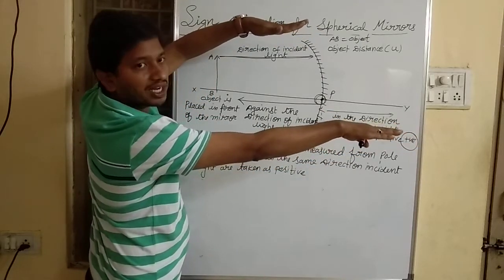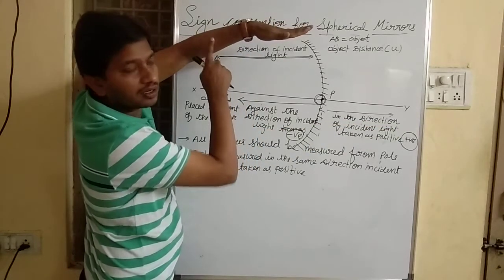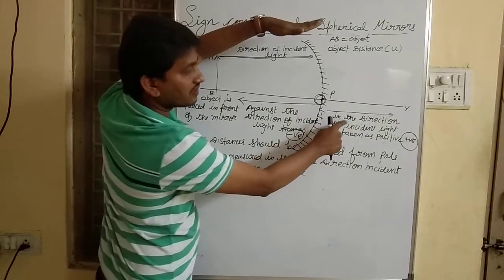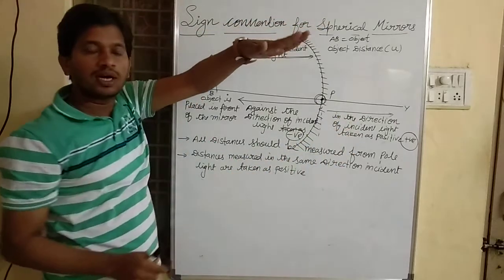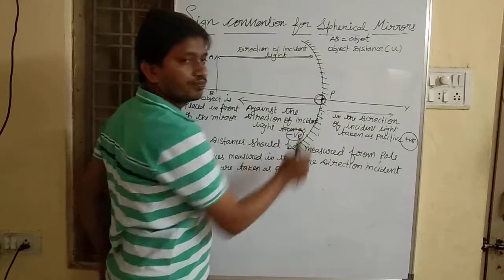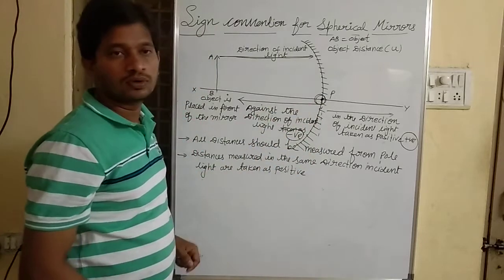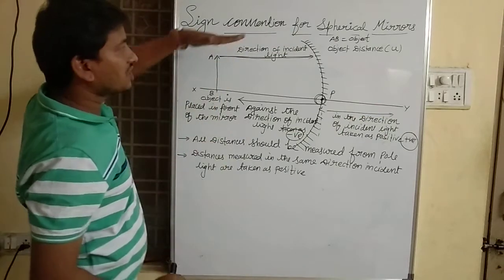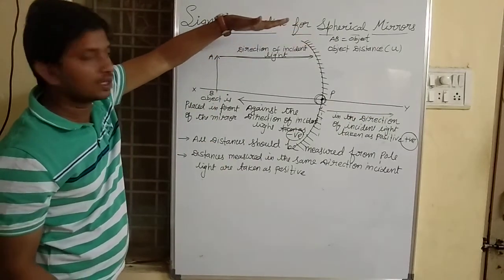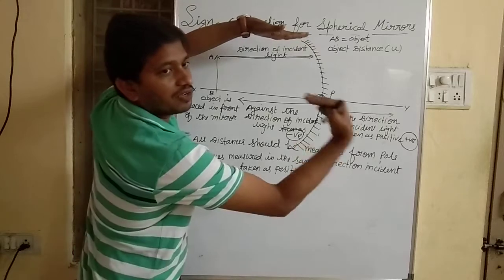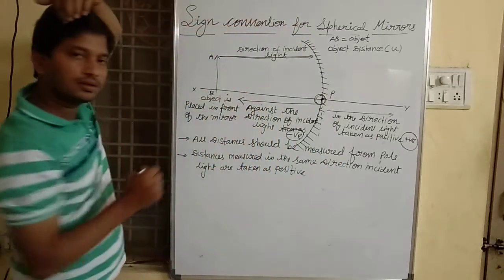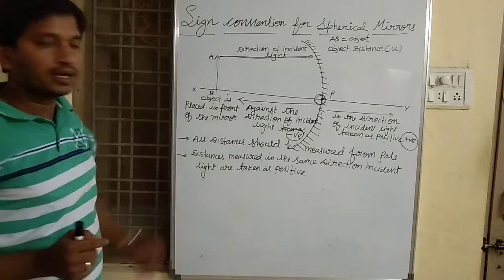That's why distances in the direction of incident light are taken as positive. But if I measure from the opposite direction, then the distance will be negative.